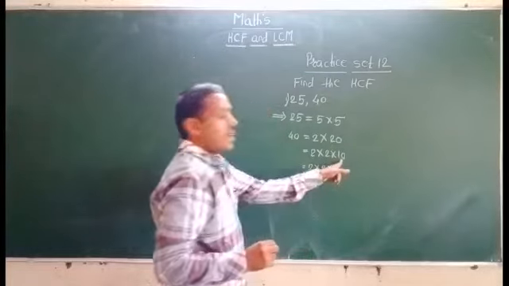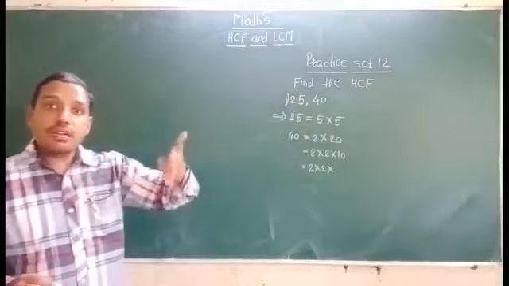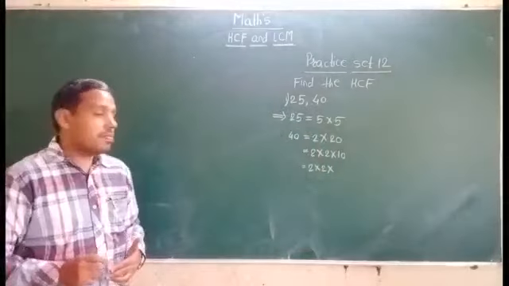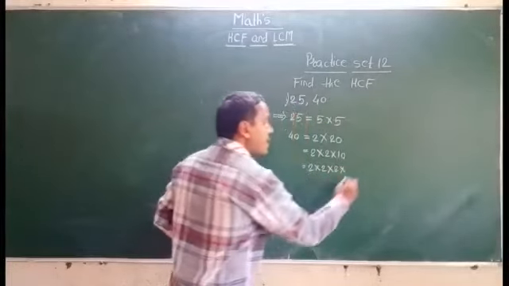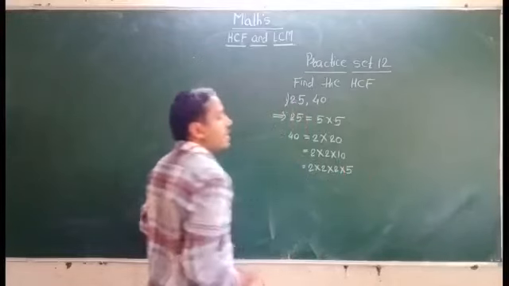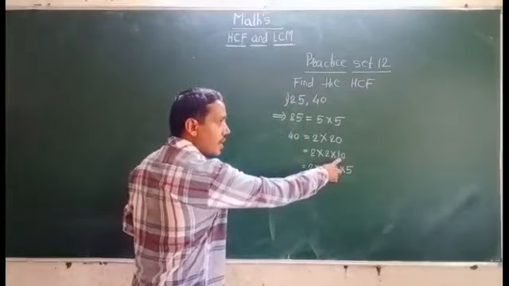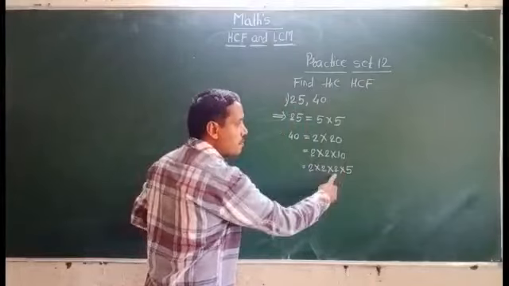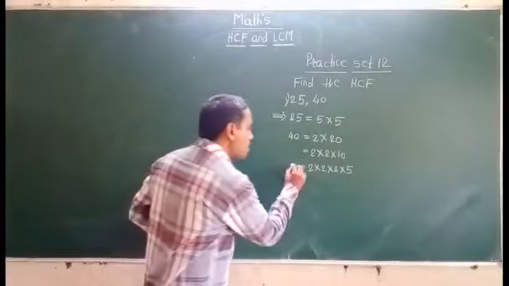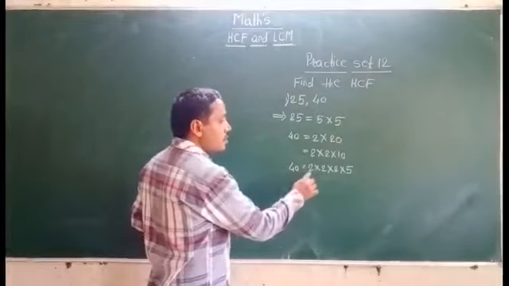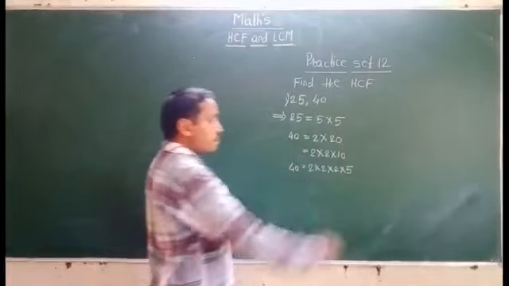Then 10 is again divided by 2, and we get 5. So 10 is split into 2 into 5. We get the prime factorization of 40 as 2, 2, 2, 5.